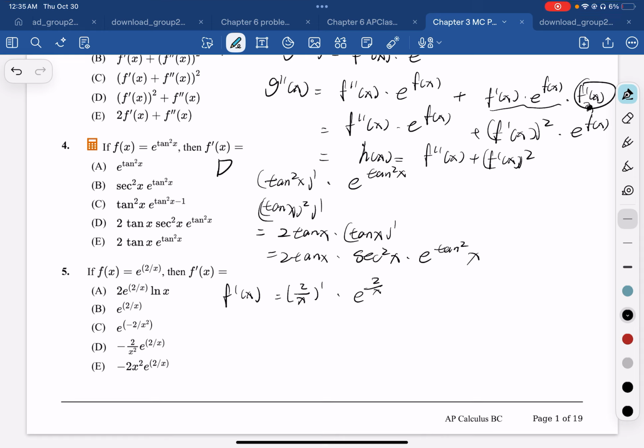So 2 over x prime equals 2 times x to negative 1, and we do the derivative of it, and times e raised to 2 over x. So we got negative 2 times x raised to negative 2 times e raised to 2 over x. So what we got is negative 2e raised to 2 over x, over x squared. So this one we choose D.